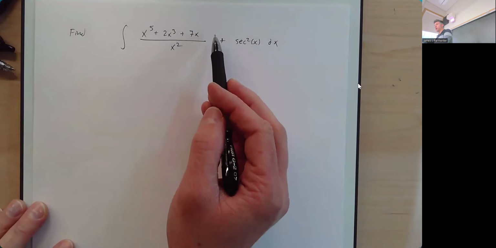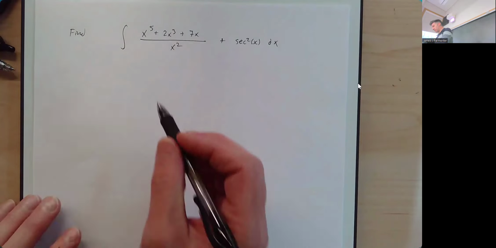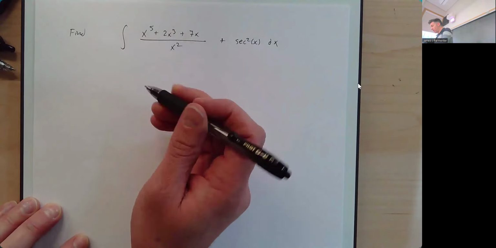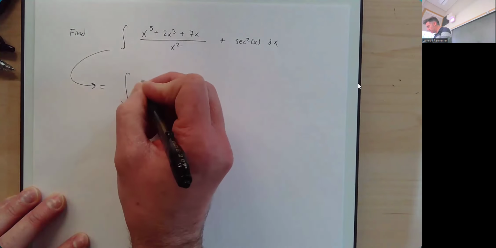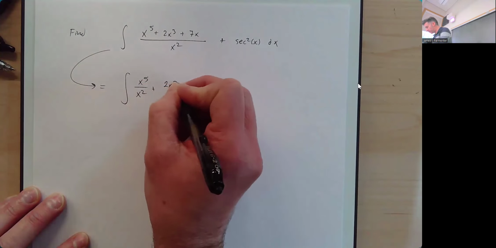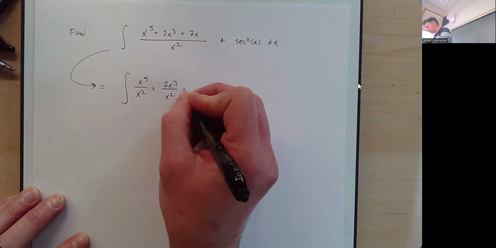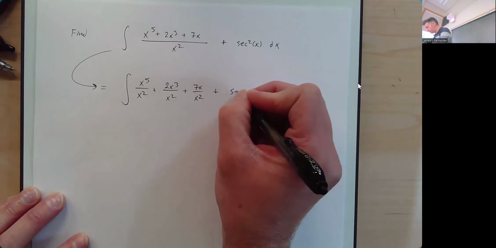Here, and generally, simplifying an expression is almost always a good thing to do. So since I have a quotient where the denominator is a single term, I can rewrite this as each of the things in the numerator divided by the denominator. So x to the 5th divided by x squared, 2x cubed divided by x squared, plus 7x divided by x squared. And I still have the secant squared of x over here.